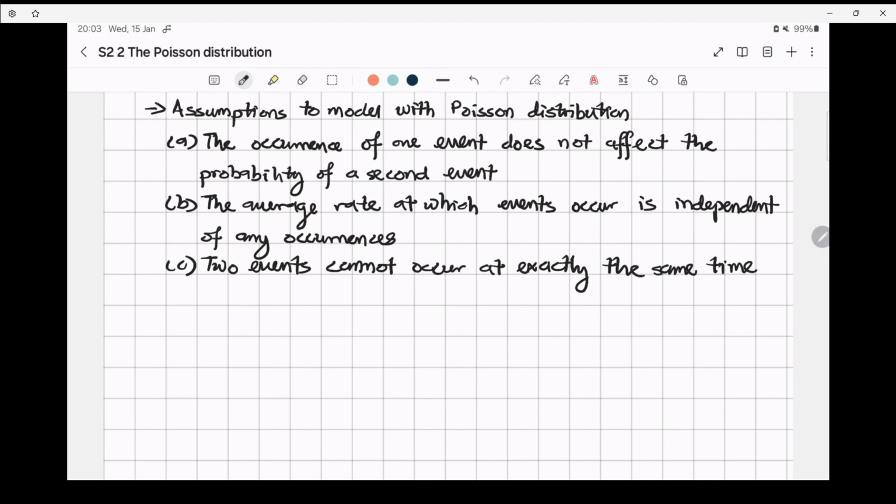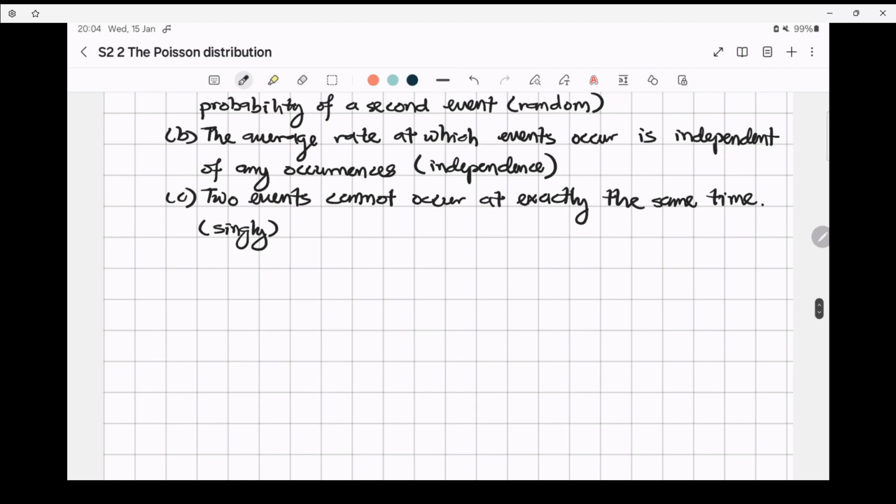So you combine these three together, basically you have independence on the second assumption. First one is that it happens randomly. So you have random events. And then the last one is basically it cannot occur at the same time. So the keyword is singly.